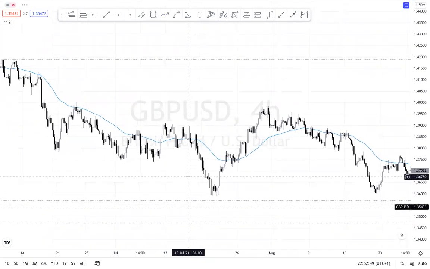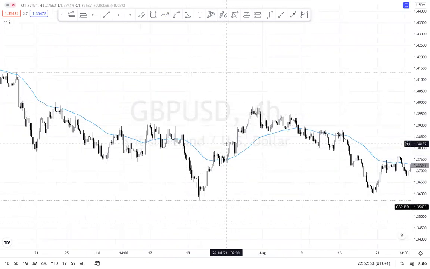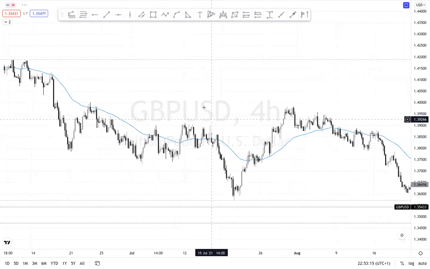The market could actually range on a higher time frame, but trend on a lower time frame. Okay, possibly in the next video I'll be doing a video on top-down analysis. I'll just touch on top-down analysis because of market structure, but I'll be doing a full video on it.